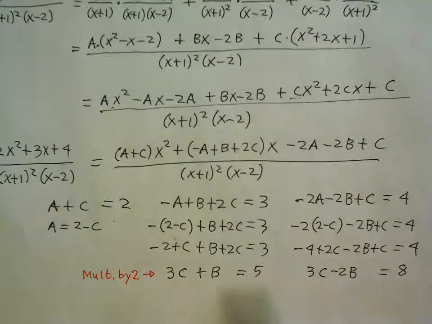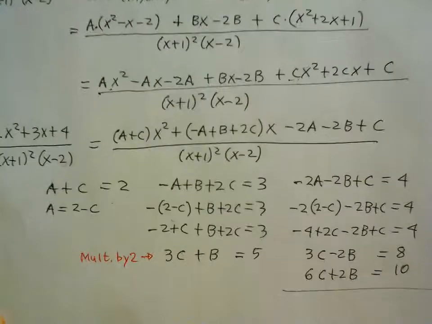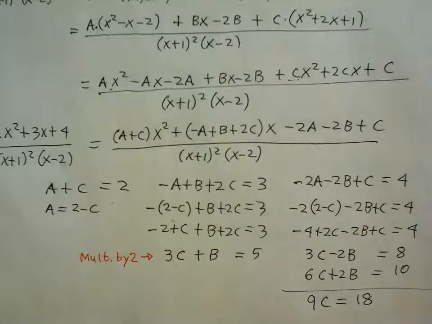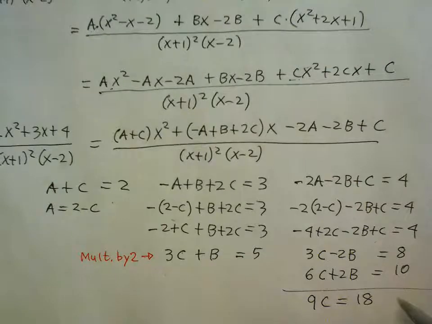So multiply both sides by 2, we get 6C plus 2B equals 10. Add those equations, we get 9C equals 18. And that means that C is equal to 2.